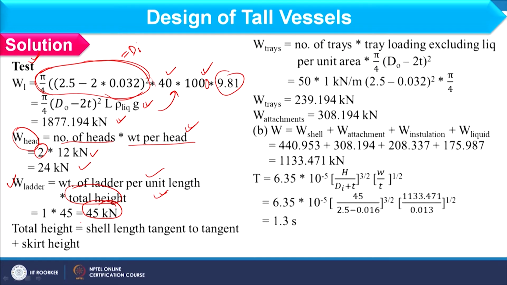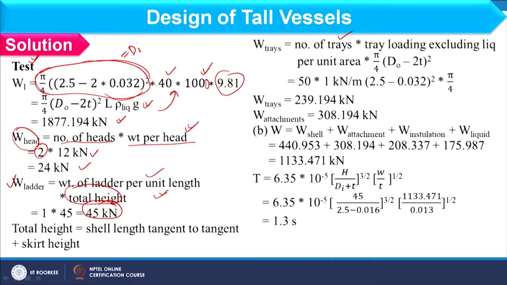And along with this we can consider the weight of trays as these are available inside the column and it will also put load on the shell. So, let us see weight of trays. That is a simple calculation, number of trays into tray loading excluding liquid per unit area. So, what is the area of tray? It will depend on the cross sectional area of column.